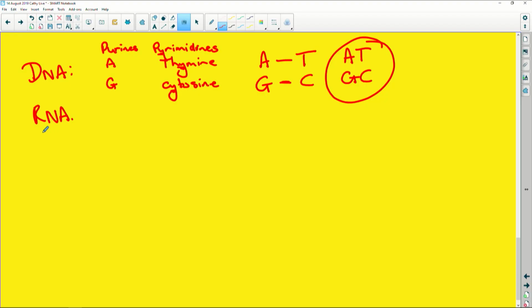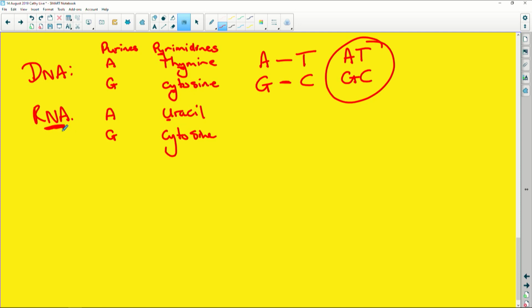Now, if I look at RNA, RNA also has the purines adenine and guanine, but it has cytosine too. But instead of thymine, RNAs will always have uracil. So think of the uracil as a Y with a short leg, the leg's cut off. So your pyrimidines are thymine, cytosine, and uracil.